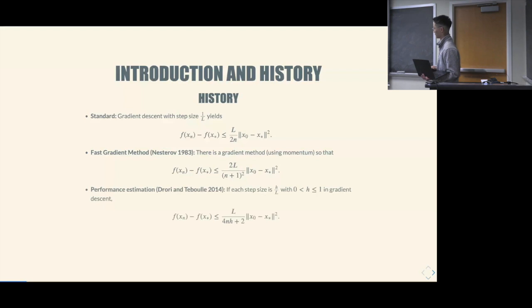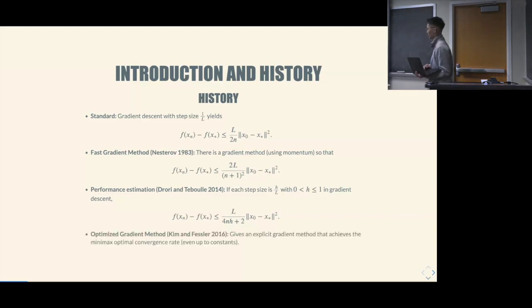So in fact, people did further analysis of these methods using novel techniques starting in 2014 with the work of Drori and Teboulle, who showed that in fact you can do a better analysis of even gradient descent, the most basic method, to improve this constant by a factor of 2. And similarly, the work of Kim and Fessler gives an explicit gradient method which is minimax optimal.